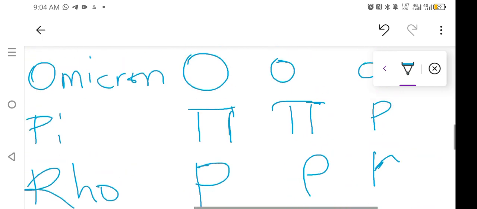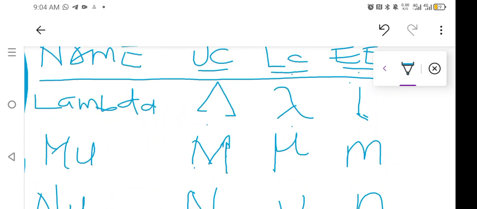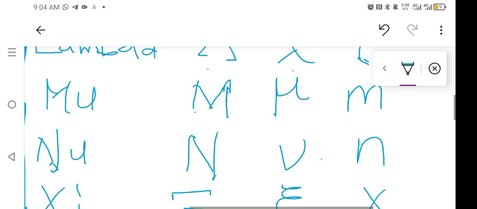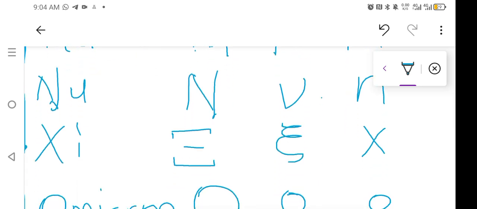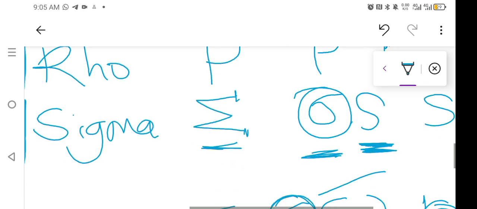And just a recap, we have covered lambda, mu, nu, xi, omicron, pi, rho, sigma. And so let's do all of them.